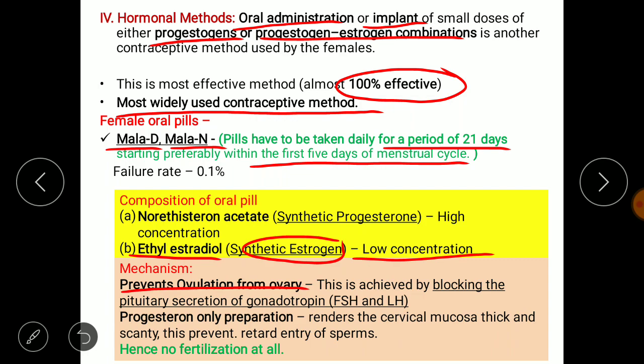This is achieved by blocking the pituitary secretion of the gonadotropins, LH and FSH. And if the progesterone only preparation is used in the female oral pills, then it renders the cervical mucosa thick and scanty. It makes the mucosa scanty and prevents and retards the entry of the sperm. So overall here no fertilization at all.